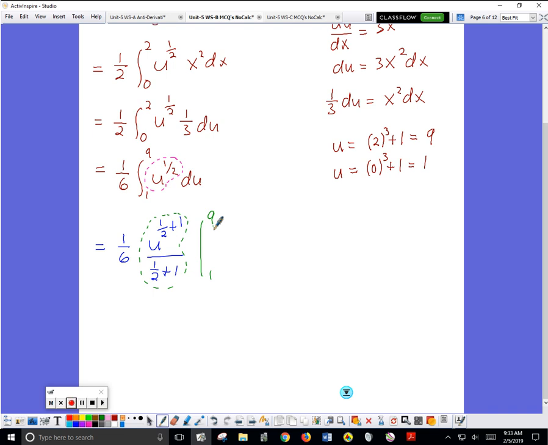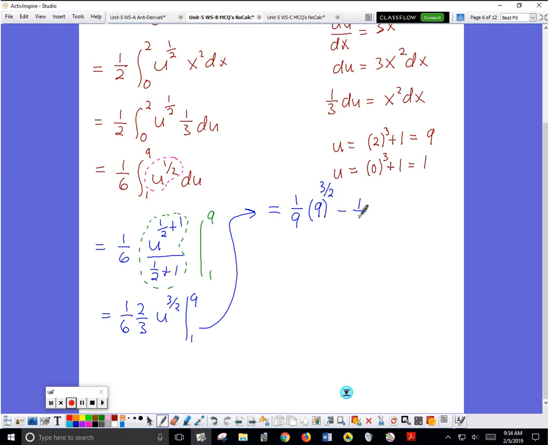Cool. So we plug away. Dividing by 3/2 is the same as multiplying by 2/3. This reduces to, let's see, that'd be 1, so 1/9. Now we can start plugging stuff in. So we have 9 to the 3/2.